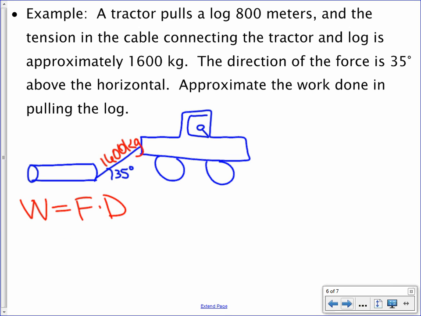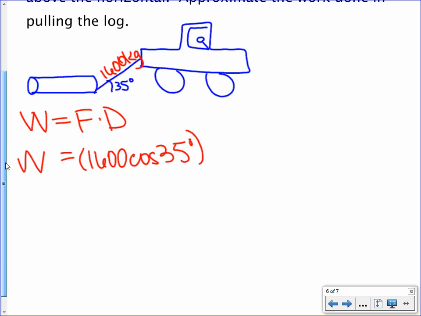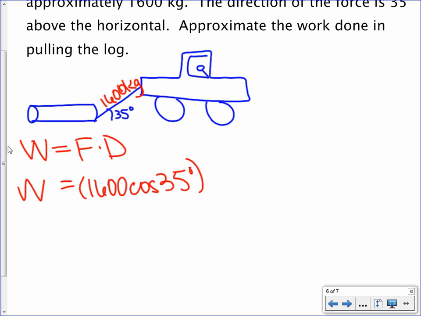So our force is not 1,600, it's 1,600 times the cosine of 35 degrees. That is our force. Our displacement, or distance, whatever word you want to use, is 800 meters. Now you can take force times displacement.